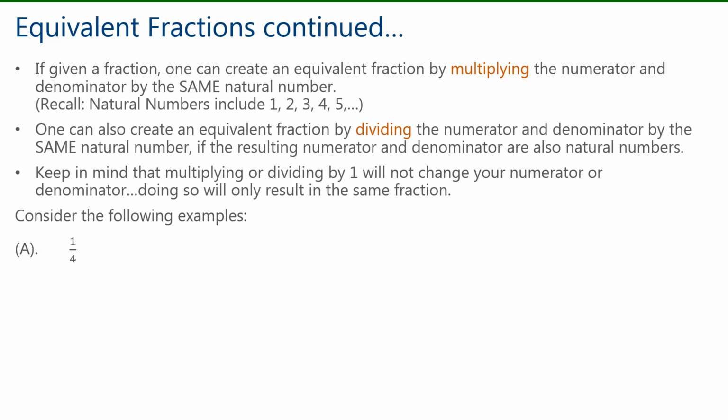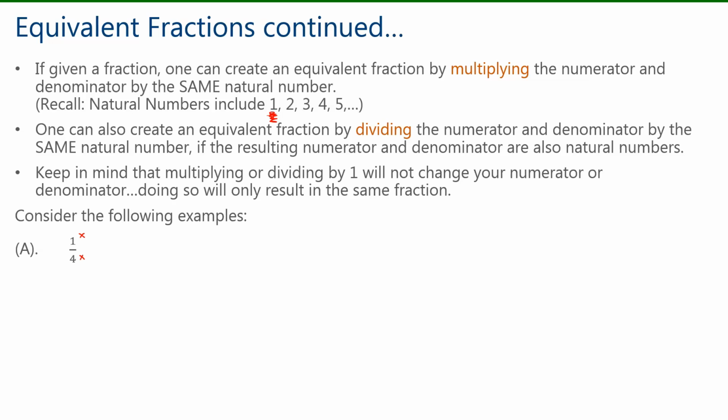So I've given here the fraction 1/4. We want to create at least one more equivalent fraction. We'll probably do 2 or 3 here. So I'm going to multiply my numerator and my denominator by the same natural number. And we just finished talking about the idea that multiplying by 1 is no good because that just gives us the same fraction back. 1 times 1 would be 1. 4 times 1 would be 4.